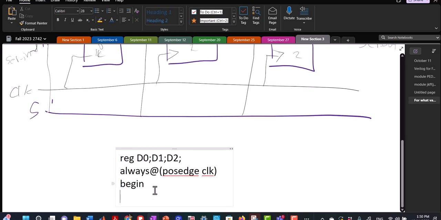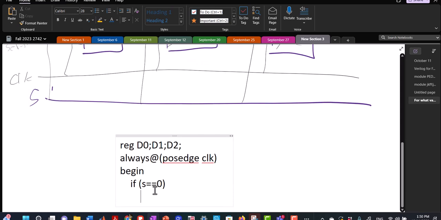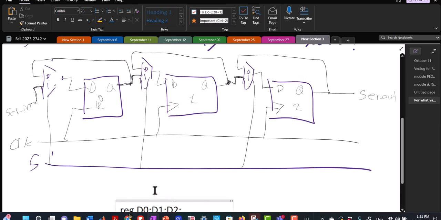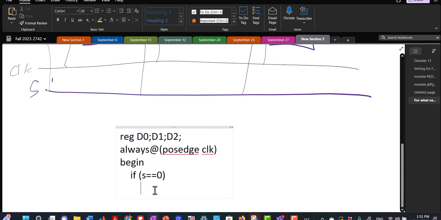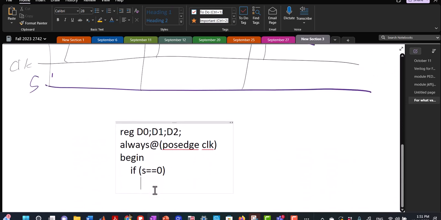Okay, so then I'll have my begin, and then I'll have if S equals 0, then I would say, and what was 0? 0 was staying the same. Well, I don't really have to do anything here if I'm not using 2 always blocks.